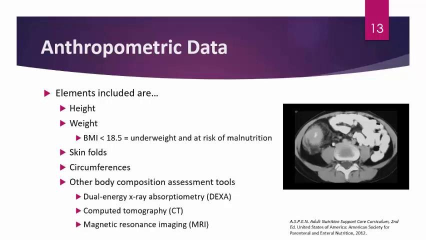You can also use some other body composition assessment tools, such as DEXA scan, which we commonly see used to diagnose osteopenia and osteoporosis. Essentially, with the DEXA scan, we can use it to determine your bone mineral density. CT and MRI scans can also be used to determine areas of visceral fat. However, these are not commonly used for this purpose, as they require lots of training to be actually performed.